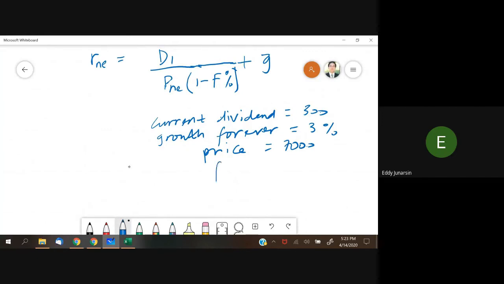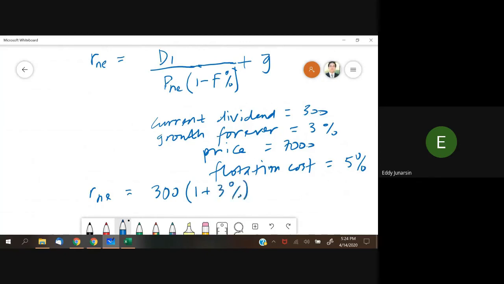Say the flotation cost is like 5%, right? Okay, let's put into required return by new equity holders the old one 300, expected to grow at 3%, right? This is the next dividend, right?